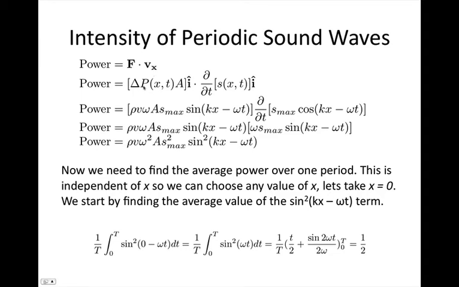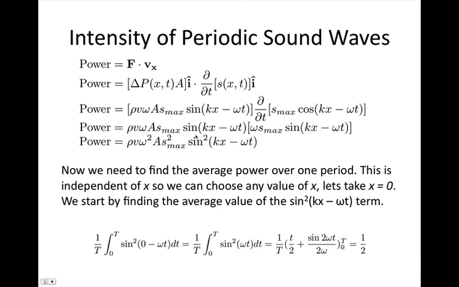So we've said that delta P is equal to rho V omega A S max sine(kx minus omega t). So we're just substituting in for that, and we're just substituting in for this S as well. We've got S max cos(kx minus omega t). Now all we need to do is take the derivative of this. When we do that, we get omega S max sine(kx minus omega t).